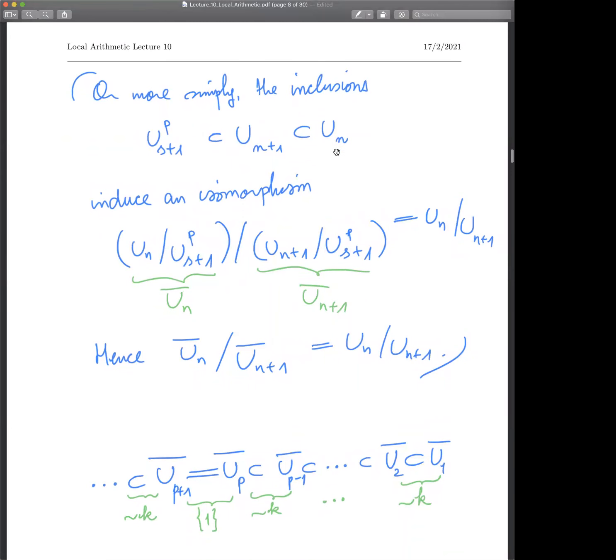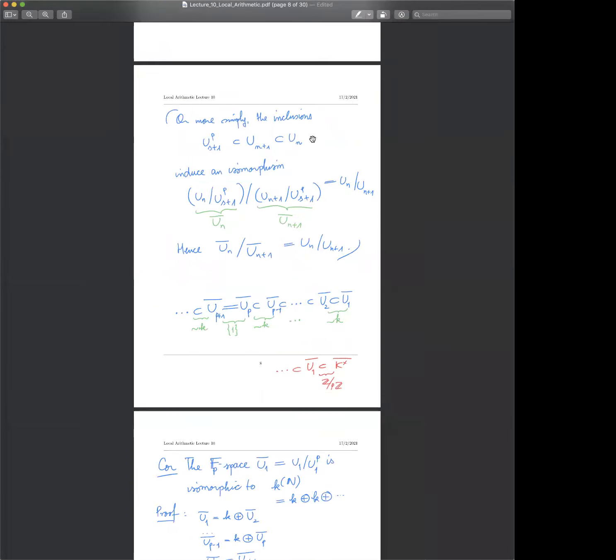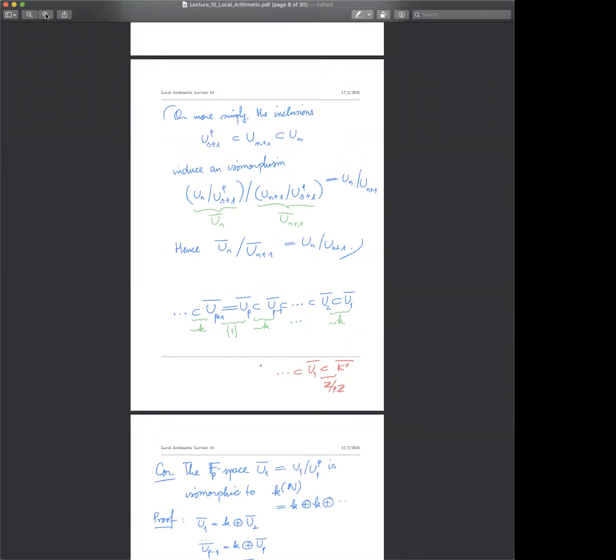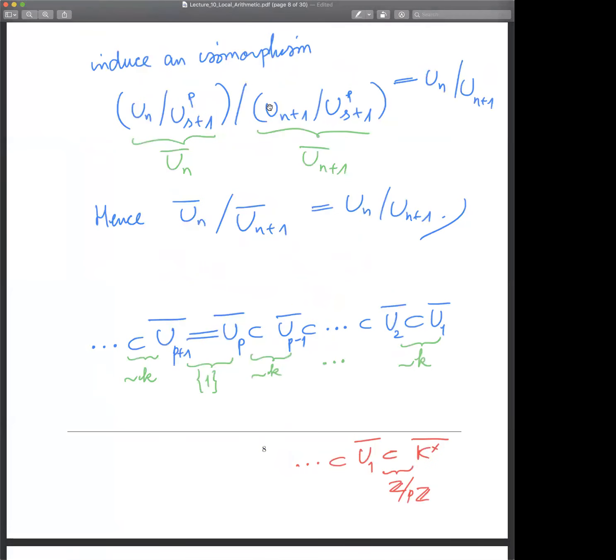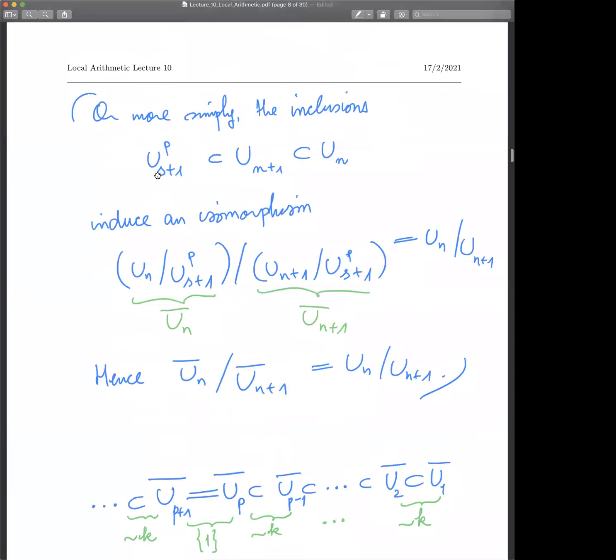So you have U_n, which has a subgroup U_{n+1}, and which contains U_{n+1} to the power p. And U_n modulo U_n to the power p is U_n bar, and U_{n+1} modulo U_{n+1} to the power p is U_{n+1} bar.